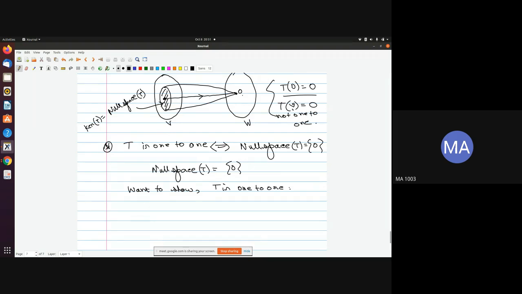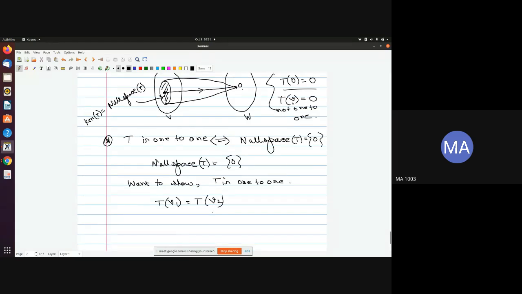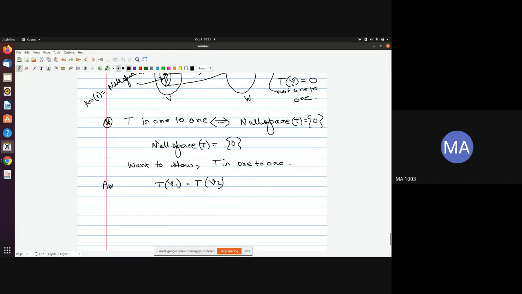So assume T V1 equal to T V2. What do I have to prove? V1 equal to V2. What is given? This is given. So we have to show V1 equal to V2 if I want to show T is 1 to 1.